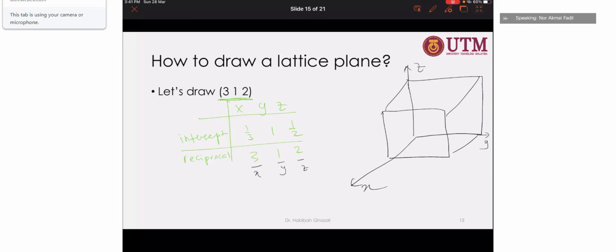In the x direction, if I put the origin here, I can just label it 1/3. From the origin to y is 1, let this be constant, and in the z direction it is half. I'll just label like this, and I just connect all the intercepts. Ta-da! Any question?